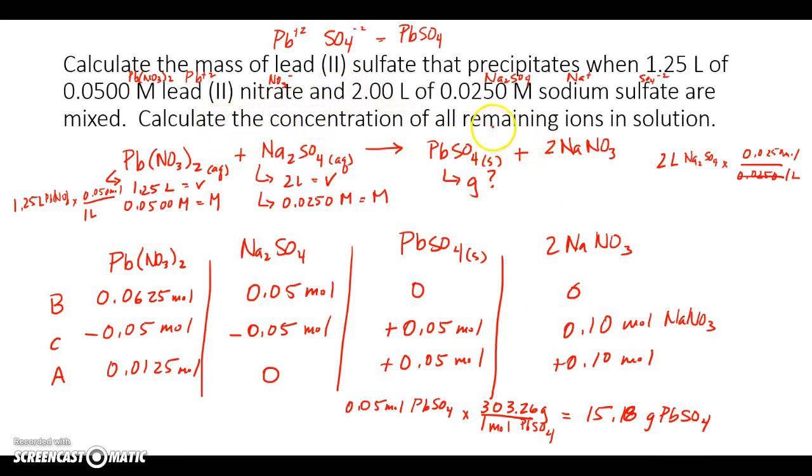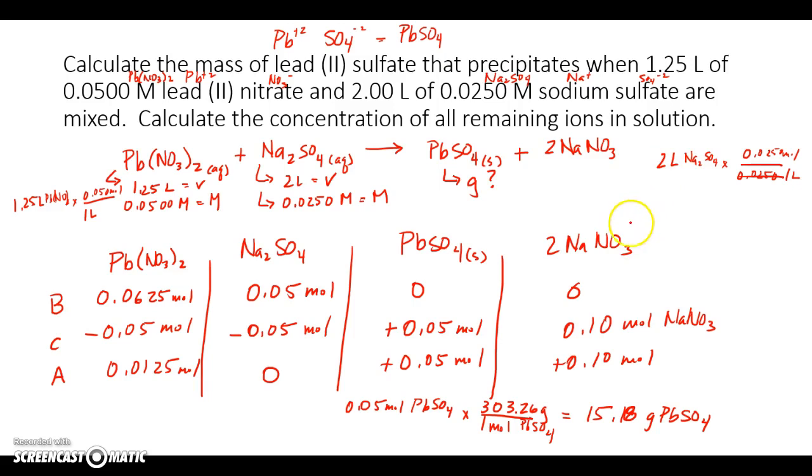Calculate the concentration of all the remaining ions. So in that situation, when we work through that, what we want to do is figure out how many ions still exist. And in that case, you look at these ions over here. We're talking about the spectator ions.